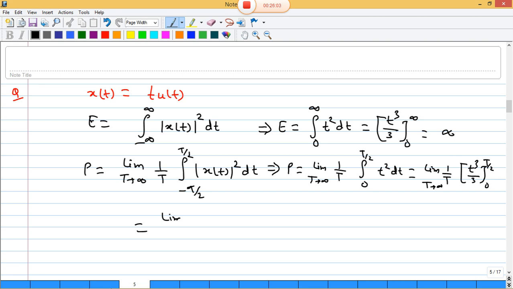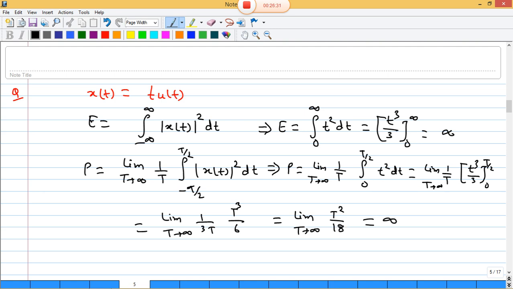Limit t tends to infinity, 1 by 3t, and here t cubed by 6. So it's nothing but limit t tends to infinity t square by 18, which is equal to infinity.